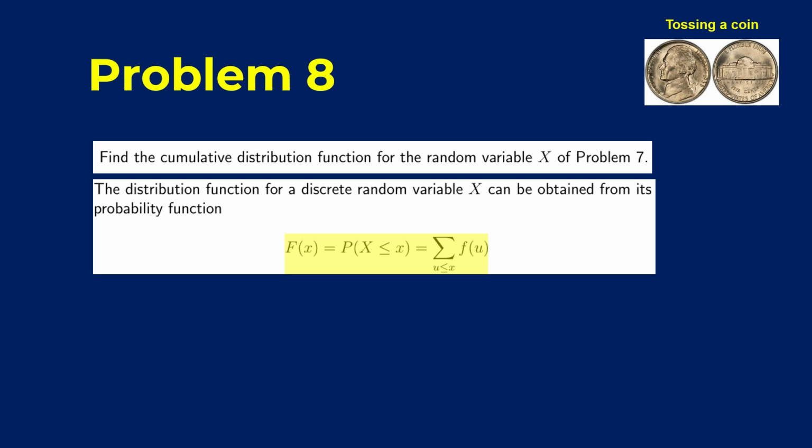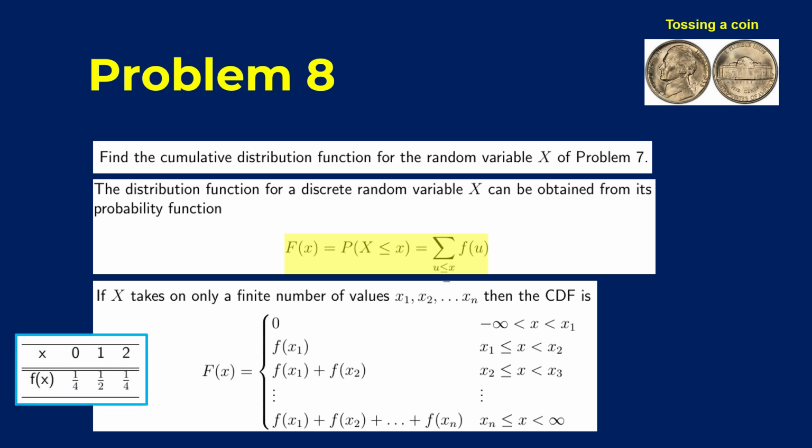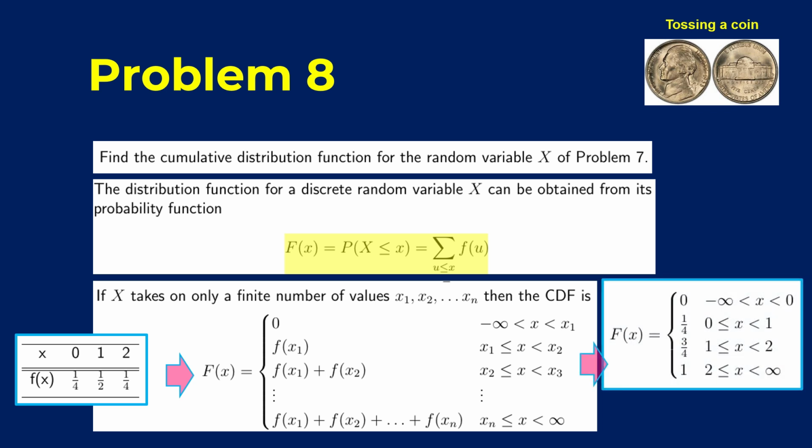If the random variable takes on only a finite number of values x sub 1, x sub 2, up to x sub n, then the CDF for each interval can be found from the cumulative sum of the PMF values. In problem 7, we obtained these PMF values, and plugging these numbers into the CDF definition, we can compute the CDF for the random variable of problem 7.